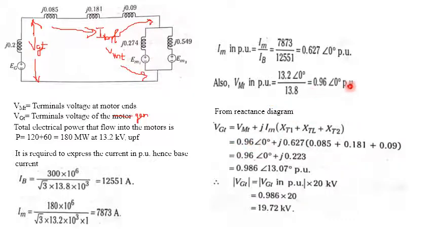It is 0.96. Plus the IM value is 0.627. Transformer T1 is 0.085. Transmission line is 0.181. Plus transformer T2 is 0.09. Substitute all this, we'll get 0.986 at an angle of 13.07.